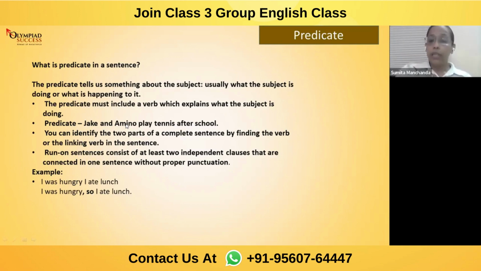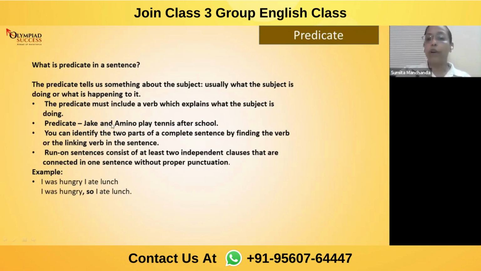Remember, this is one very important thing. Listen to it very carefully. Whenever I say Jake and Amino play tennis after school, you are not going to leave any word. The teacher may say, underline the subject with red color and underline the predicate with blue color. At that moment, you are going to take Jake and Amino, and underline Jake and Amino. You're taking 'and' also.